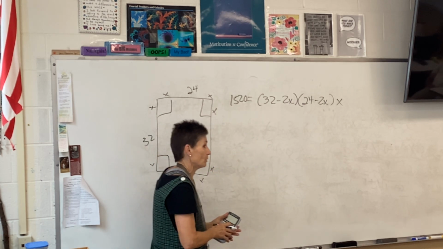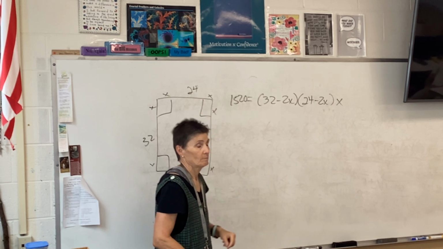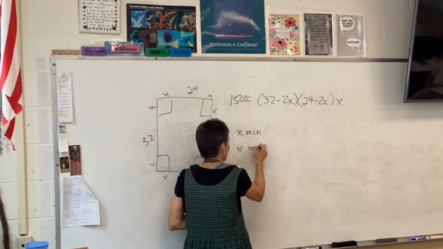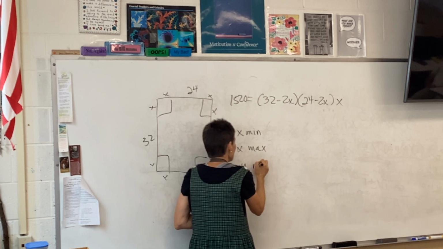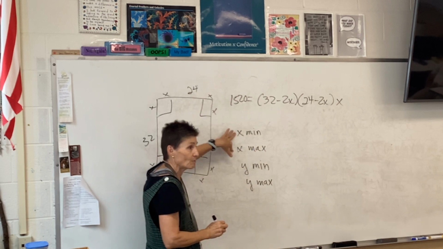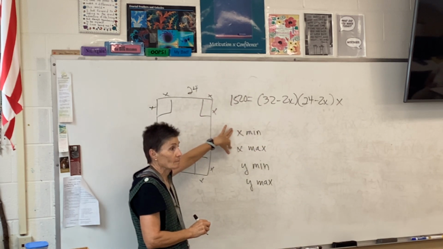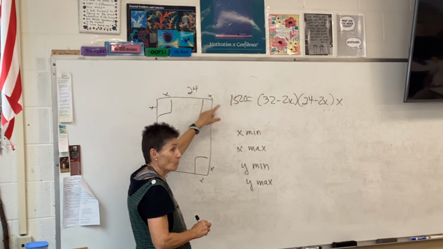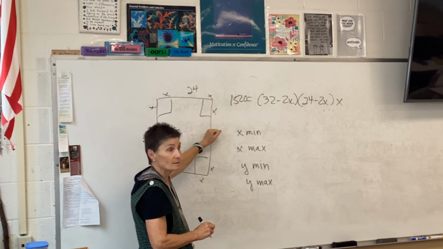Before I start, I am going to figure out what my window needs to be. Because my domain in this problem is critical. Think about what x is, right there. What's the smallest it can be? 0.